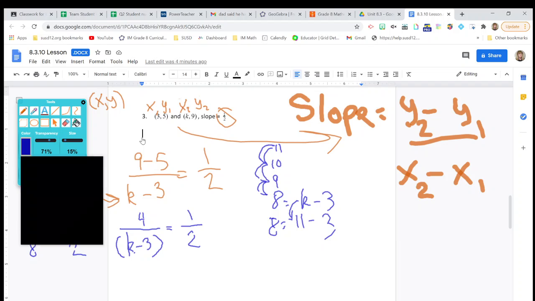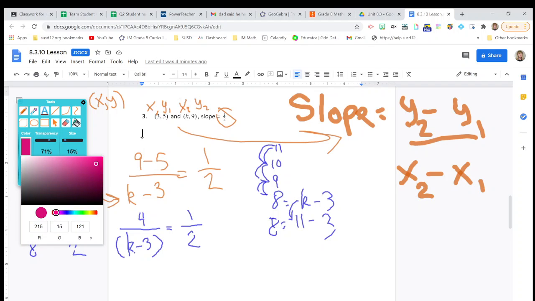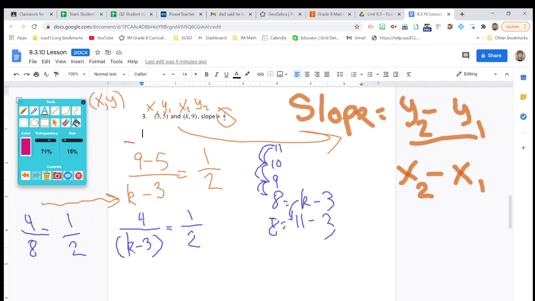Let's double check. I'm going to change my color, and I'm going to double check. So this is our original thing. Basically, this says the slope equals 1/2. Well, let's put in 11, because I found that k needs to equal 11.